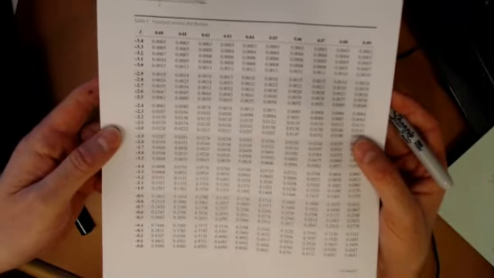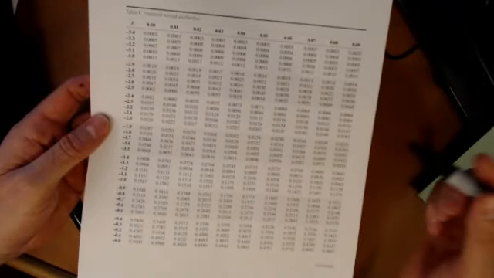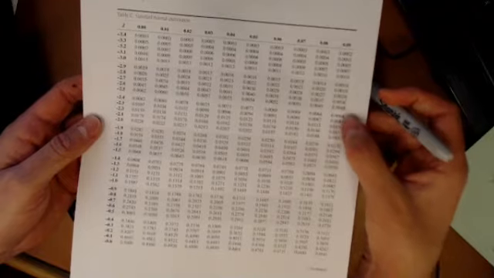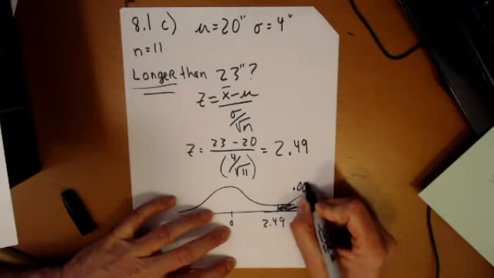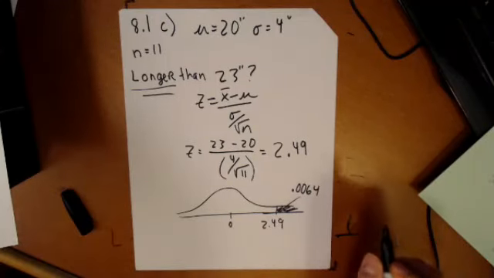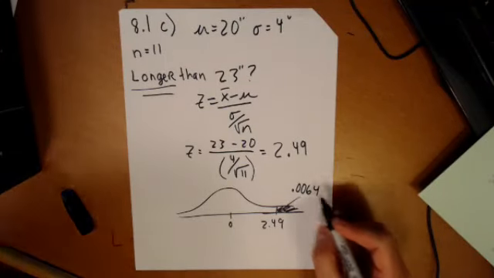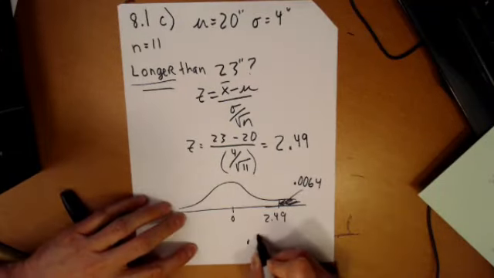I grab my Z table, so I would go to negative 2.49, and I would get, you can't even see that, 0064. So negative 2.49 right there, 0064. So this is 0.0064, which is less than 1%.